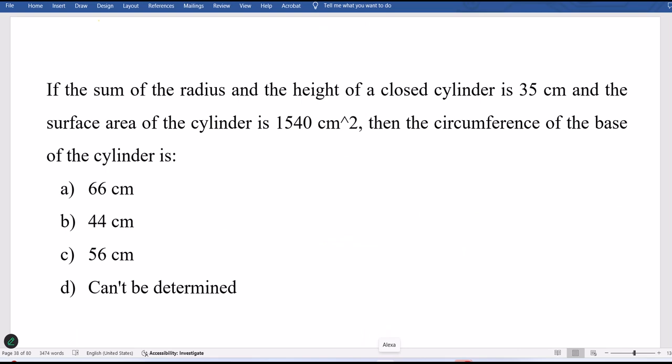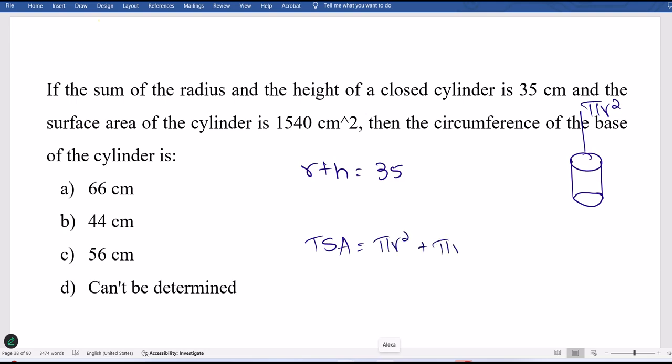Sum of the radius and the height of a closed cylinder is 35 centimeters. This is regarding areas and volumes, a geometry, mensuration concept. The surface area of the cylinder is given. Total surface area: above pi r square, below pi r square, pi r square plus pi r square, 2 pi r square.